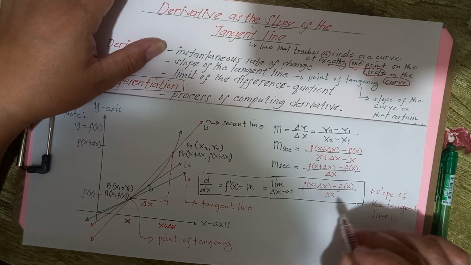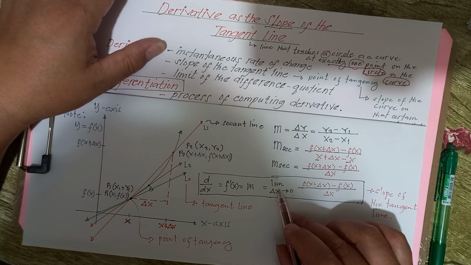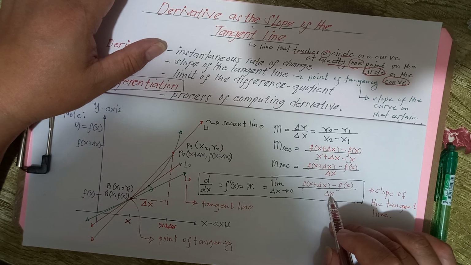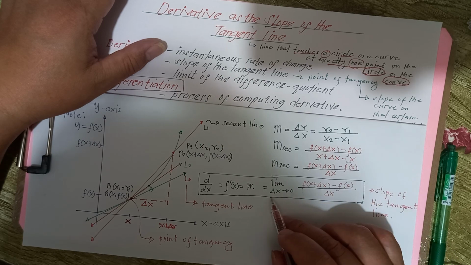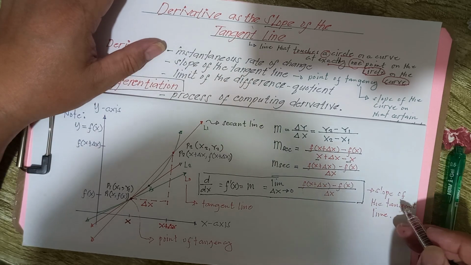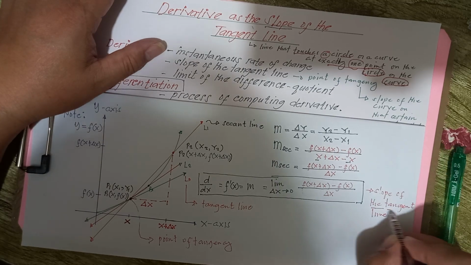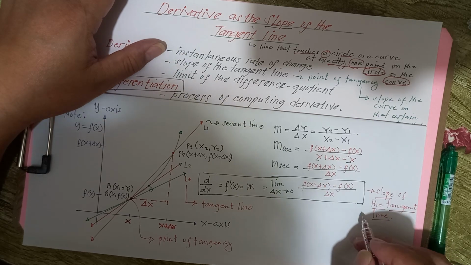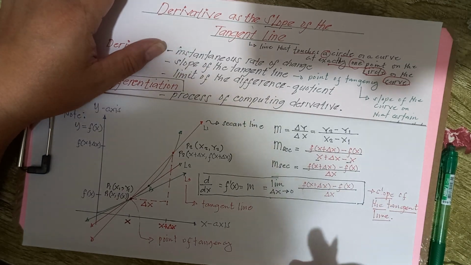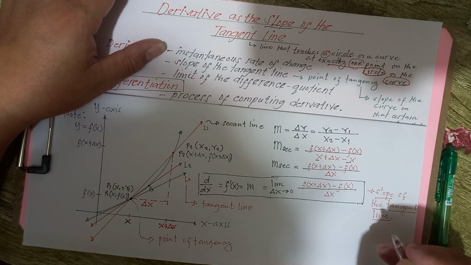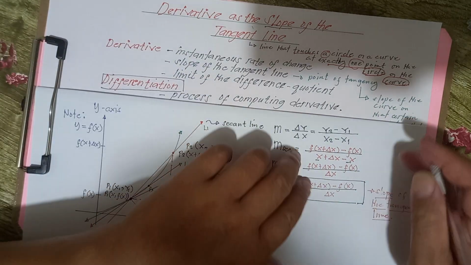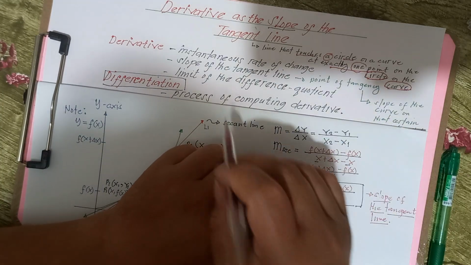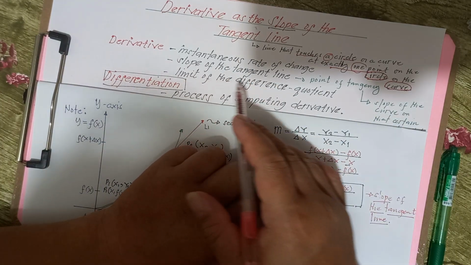So I repeat, if the limit of f of x plus change of x minus f of x over change of x as change of x approaches 0 is called the slope of the tangent line, then it follows that this must be the slope of the curve on that certain point. So, going back to our definition, the derivative is the slope of the tangent line.